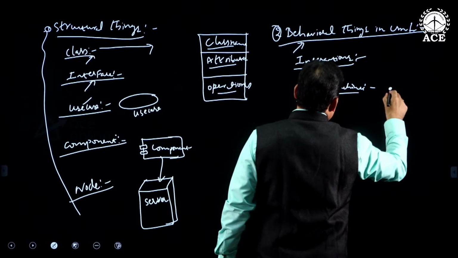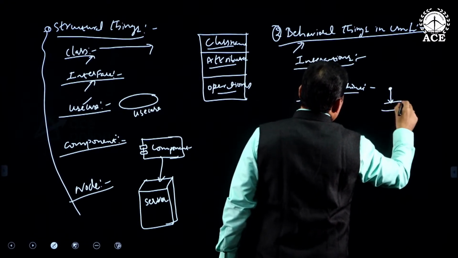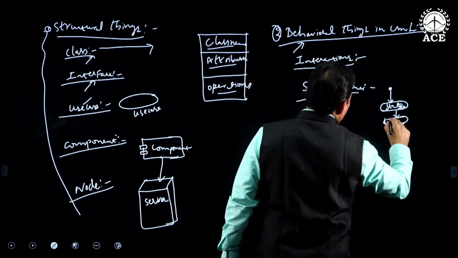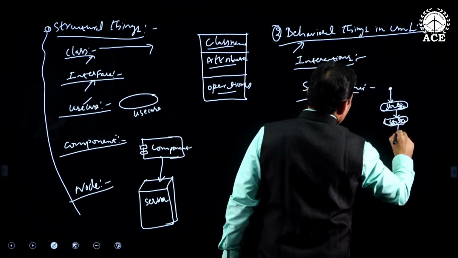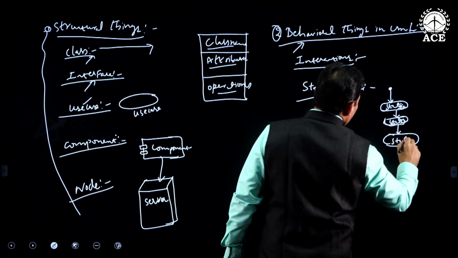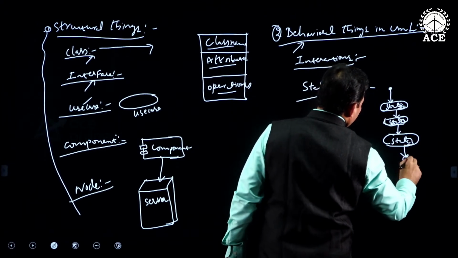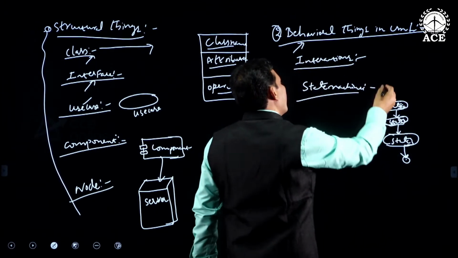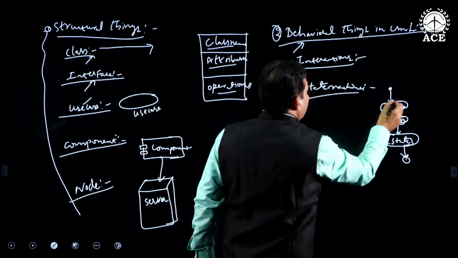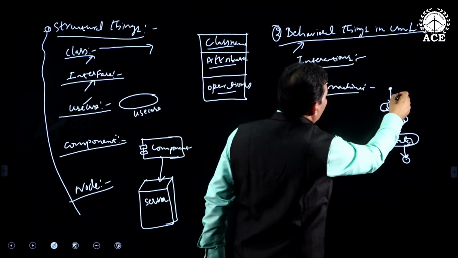Let's say this consists of state 1, state 2, and here is state 3, reaching the final state. So here one object which was at the initial state, when some event occurred, moved to state 1.